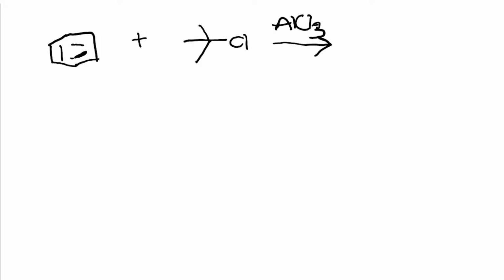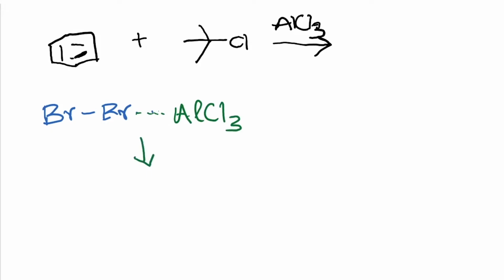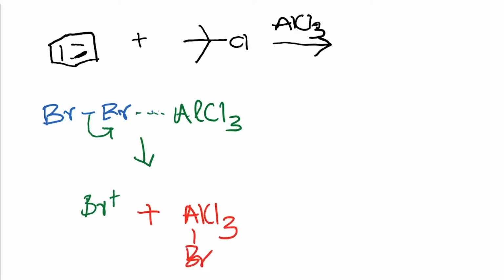We've already seen prior that when you have Br2 in the presence of AlCl3, you have a weak bond being formed with aluminium, and this gives rise to a complex such as this, where this is kicked off, giving you Br+, which is the active electrophile, and AlCl3Br minus. So this is the role of aluminum chloride.